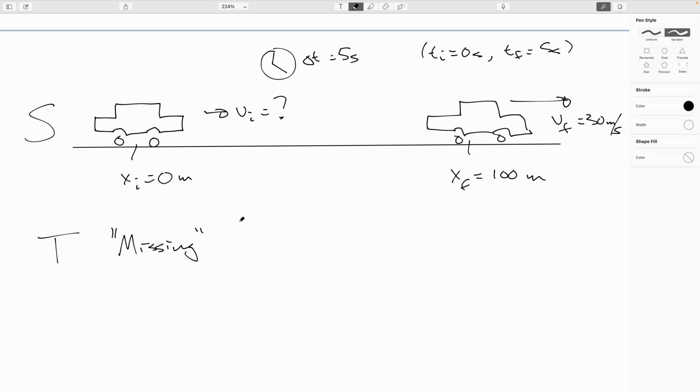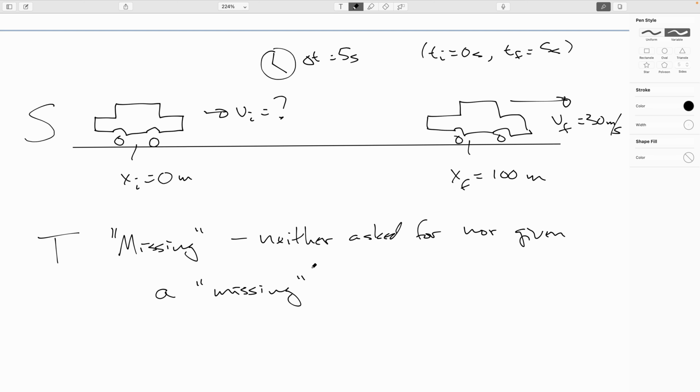What I mean by that is the kinematic variable that is neither asked for nor given. Well, I'm asked for the initial velocity, I'm given the final, I'm given the time elapsed, I'm given the initial and final positions. What is neither asked for nor given is the acceleration, so we'll say that the acceleration is missing.